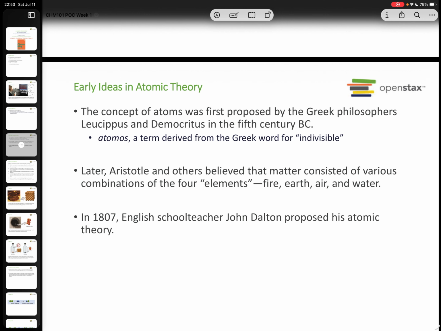So this idea dominated for a long time, and the modern scientific concept came much later, no, in 1807 when John Dalton proposed an atomic theory based on experimental observations and measured masses.